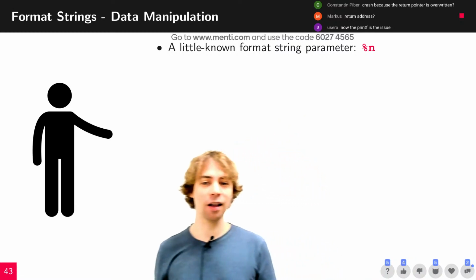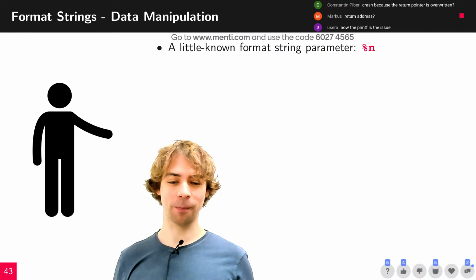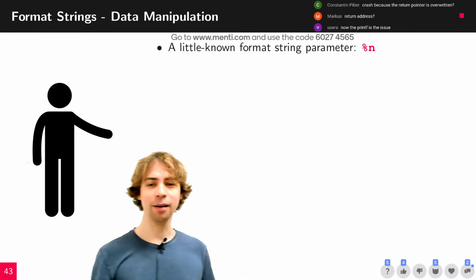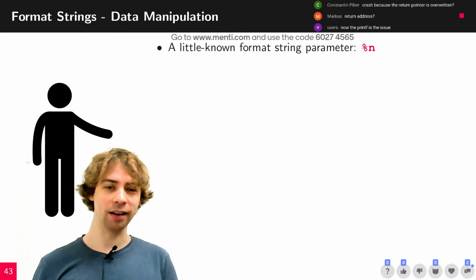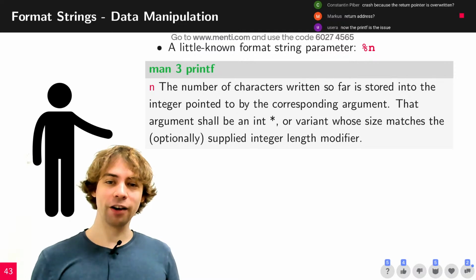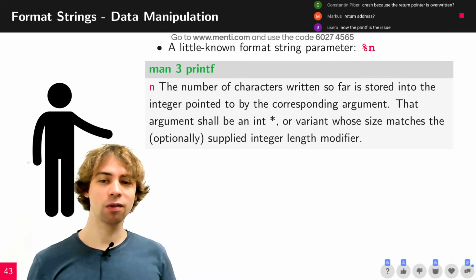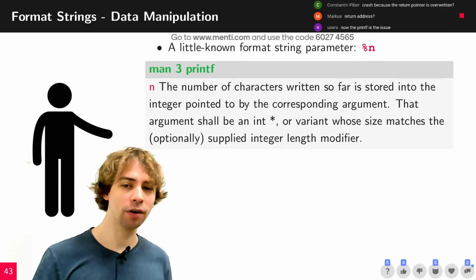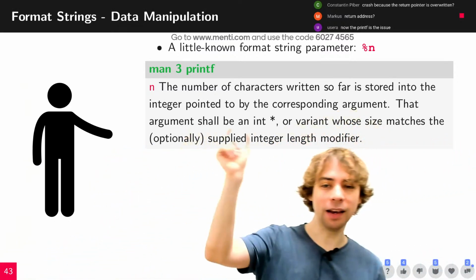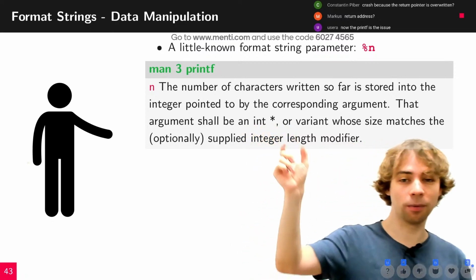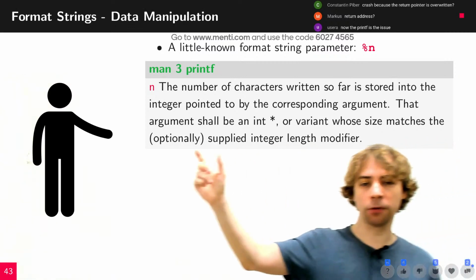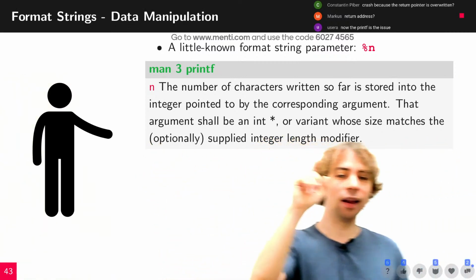Let's take another look at the man page there. As you know, I love reading man pages or the POSIX standard because there's so much valuable information in there. So let's see. N, the number of characters written so far, is stored into the integer pointed to by the corresponding argument. That argument shall be an integer pointer, or a variant whose size matches the optionally supplied integer length modifier.